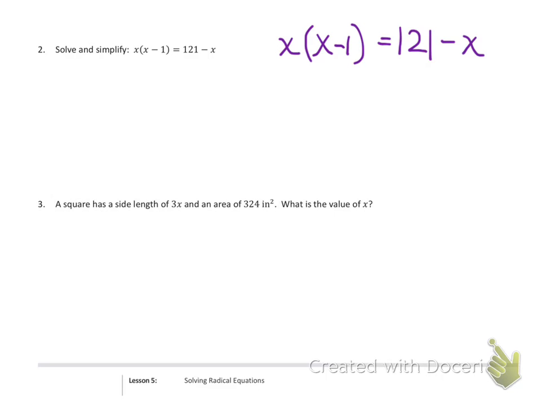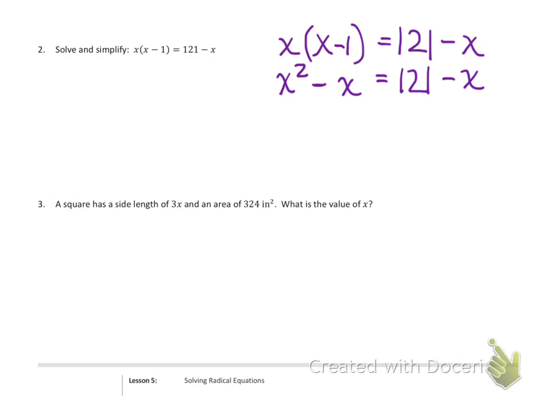All right, so let's look at this. So x times x minus 1, I'm going to use the distributive property and simplify that. x times x is x squared minus x times 1, which is x. And that is equal to 121 minus x.